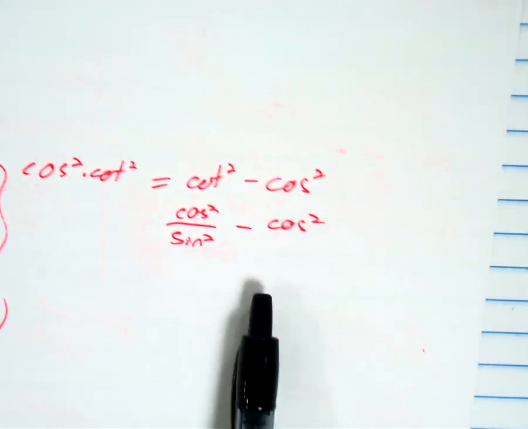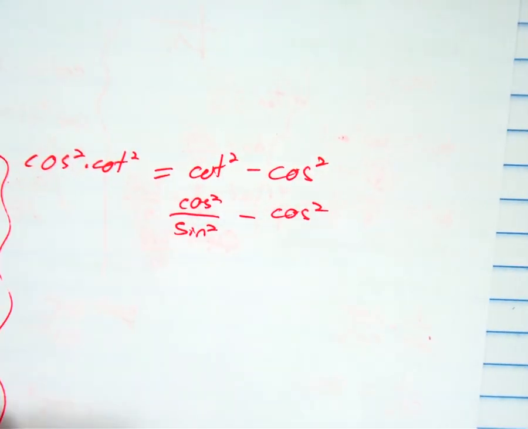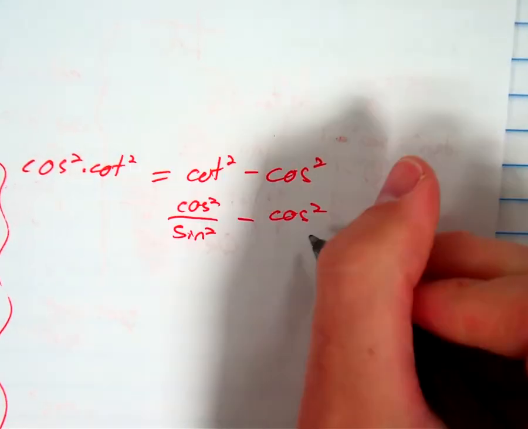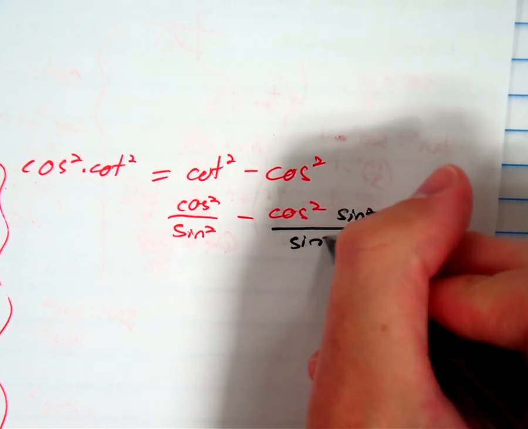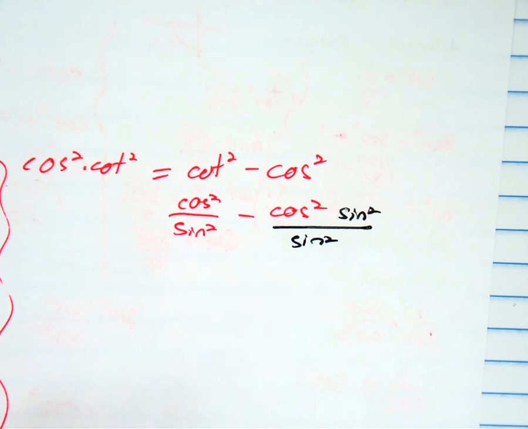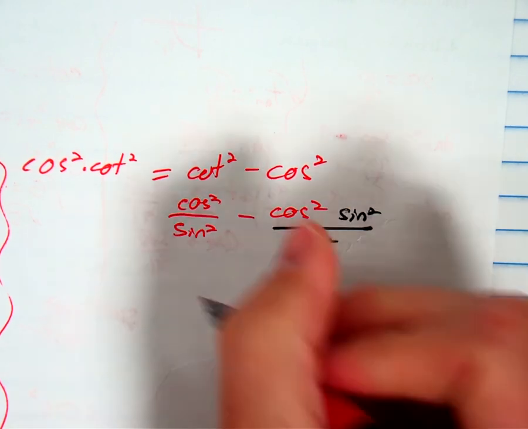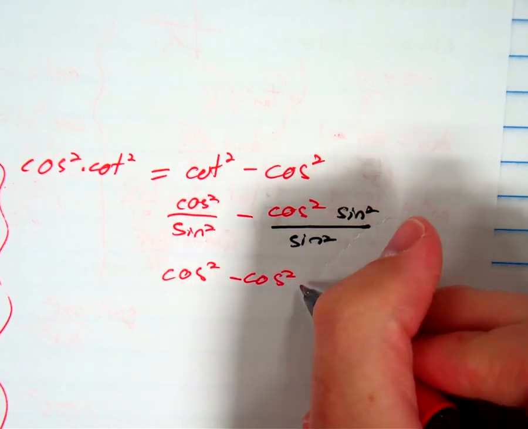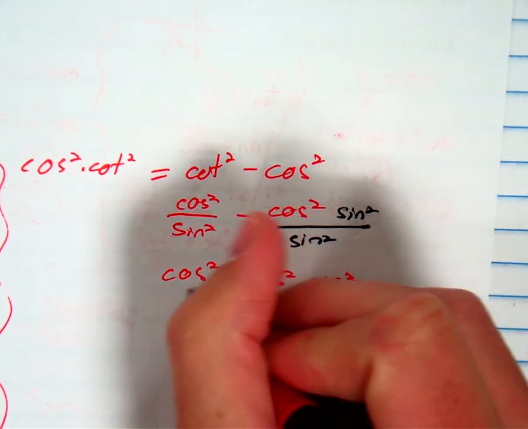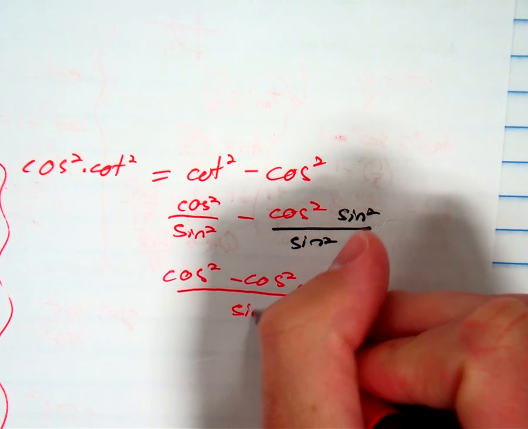So I'd like to try to get these together if I can. That means I want a common denominator. Multiply the top and bottom by sine squared. So now we have cosine squared minus cosine squared times sine squared, all over sine squared.